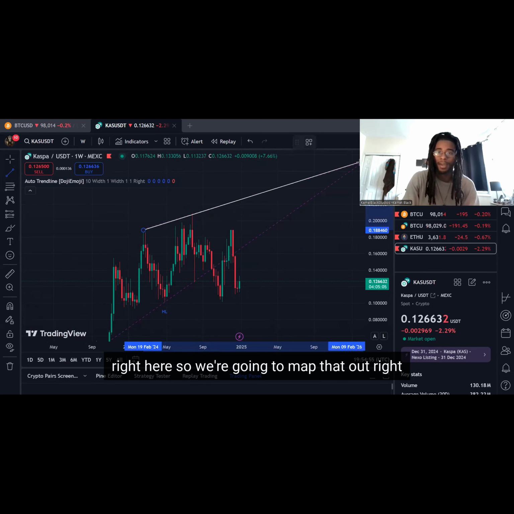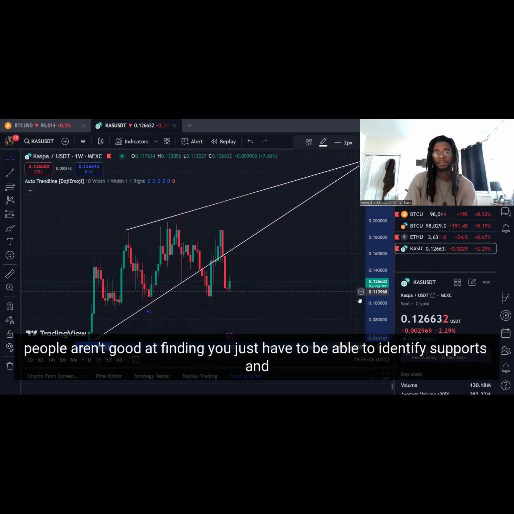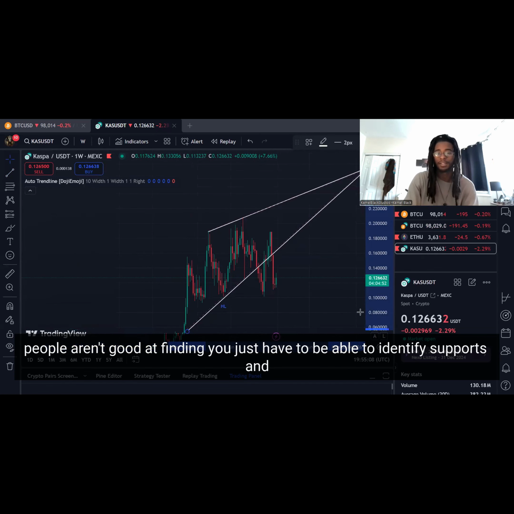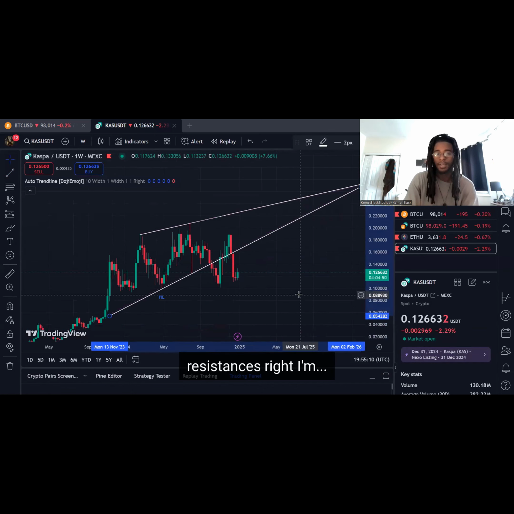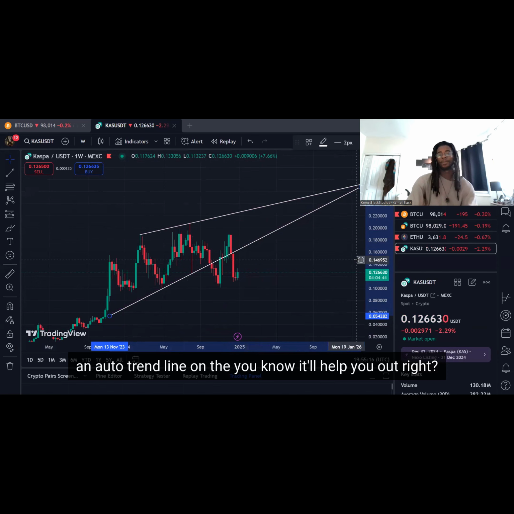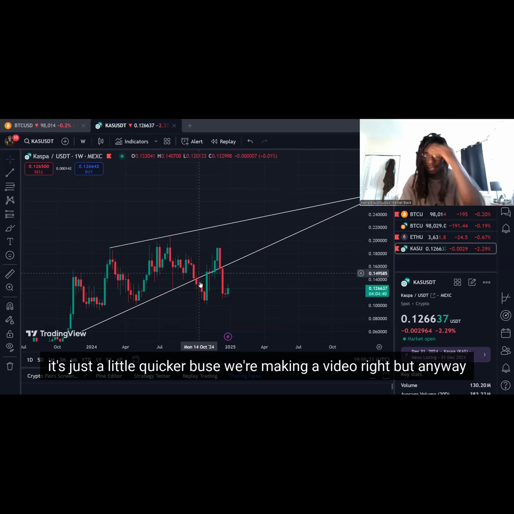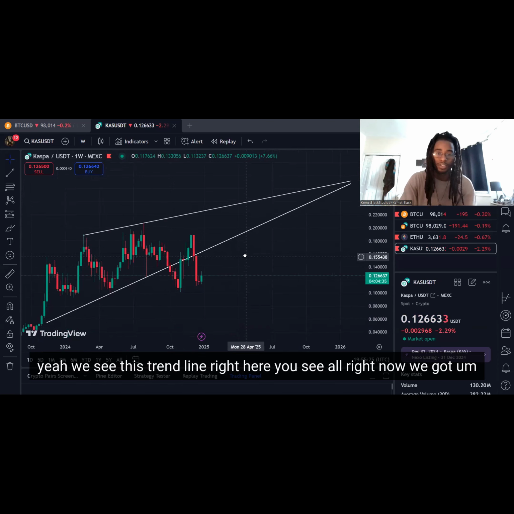We're going to map that out. All you have to do to get trend lines is to find your trend lines. Some people aren't good at finding them. You just have to be able to identify supports and resistances. I'm doing it a little bit quicker way by putting in auto trend line, it'll help you out. It's just a little quicker because we're making a video. But anyway, we see this trend line right here.